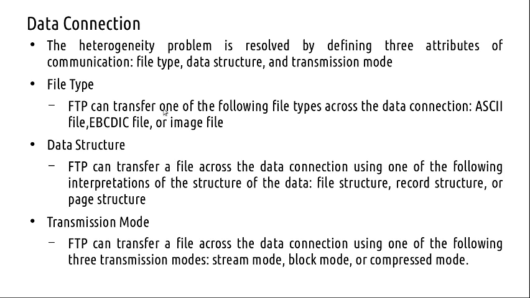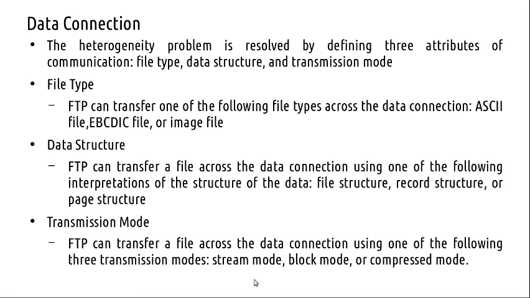The file type can be an ASCII file, EBCDIC file or image file. The data structure could be a file structure, which is the default format. The data could be stored as records, or it could be pages. Pages will have an end of page, so that matters. All those things have to be specified by the client.